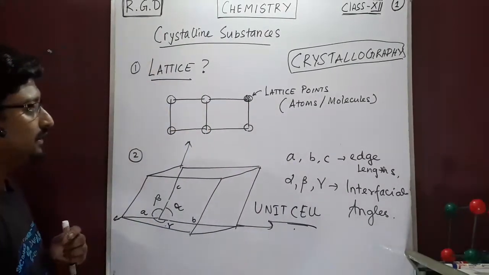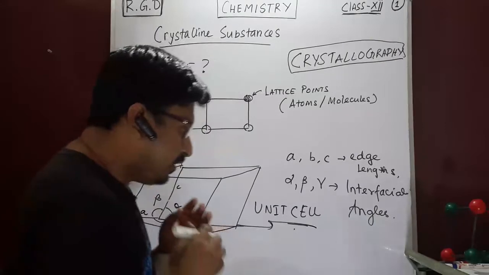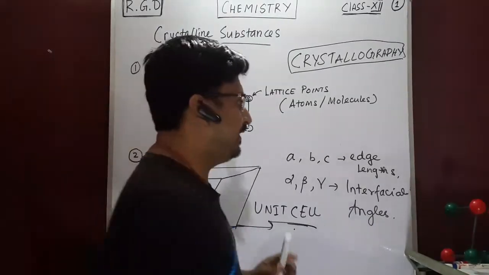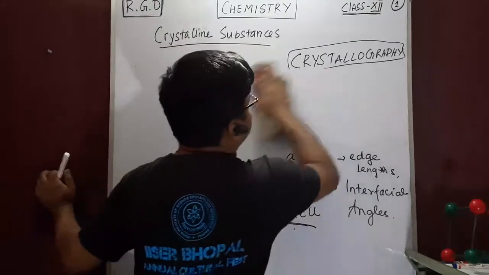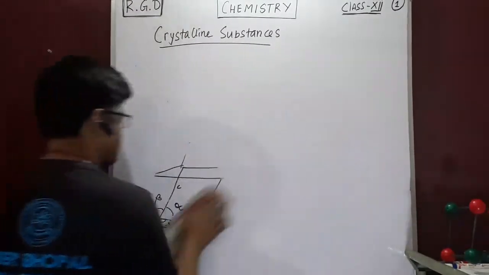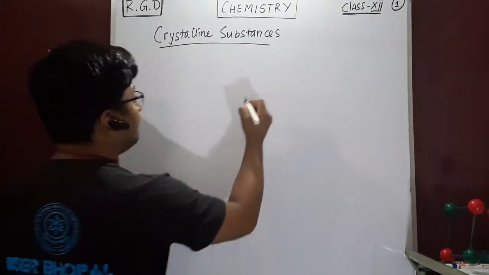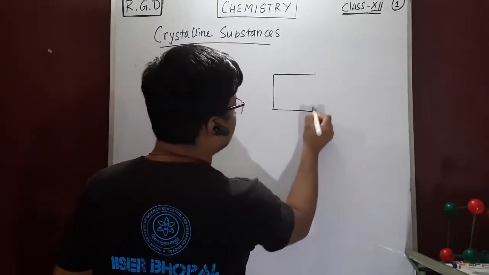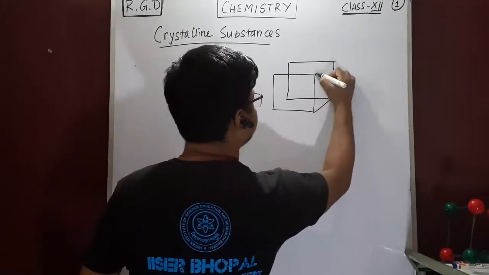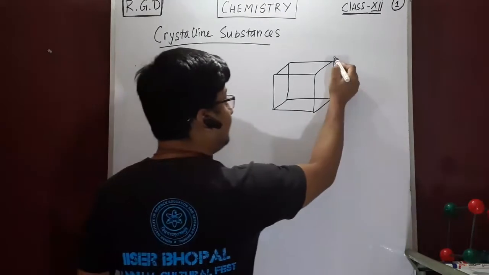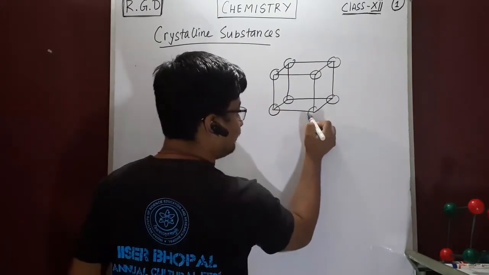If I go very early, when people were researching this topic, the simplest thing they initially found out is that you have a cubical box, and each corner of the box has an atom.